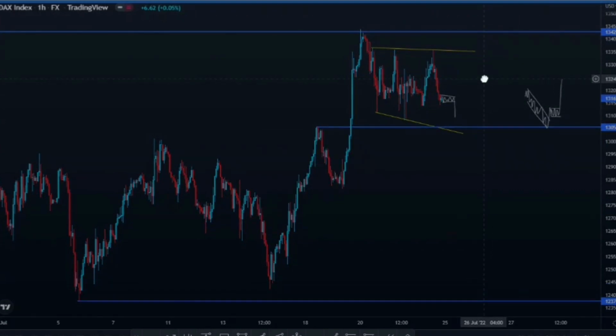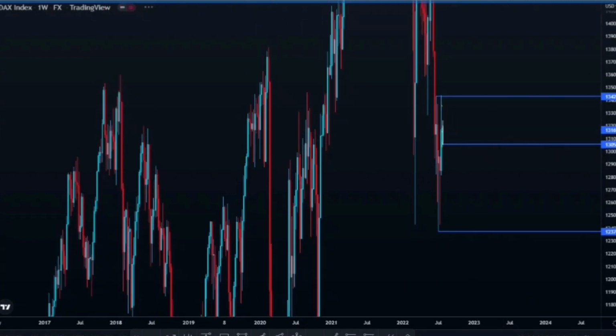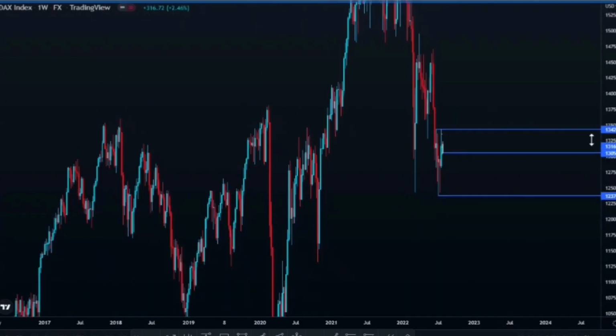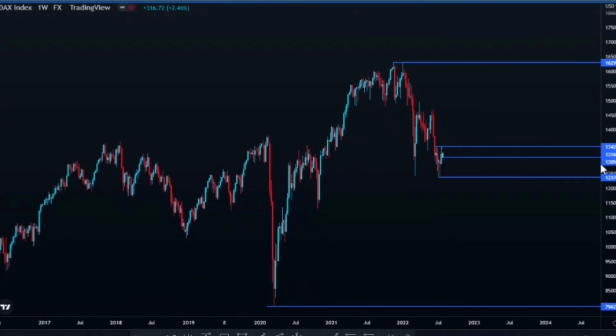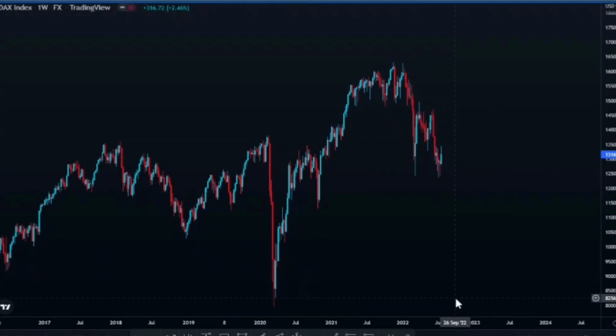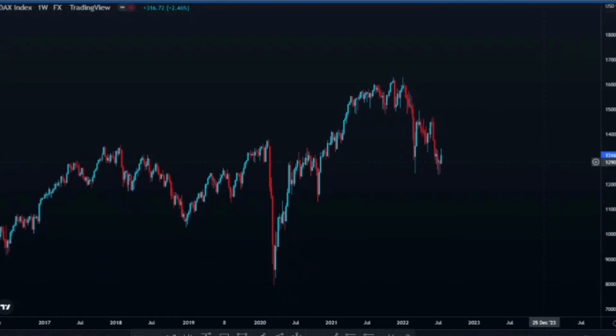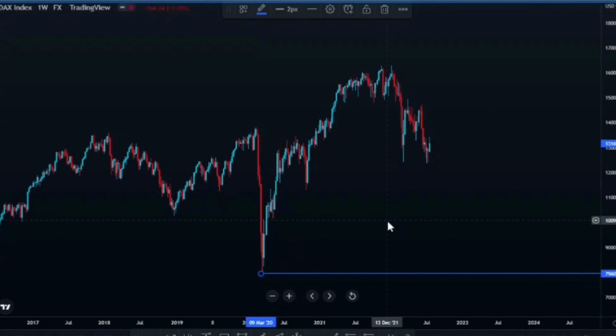and I'm also going to go to the weekly time frame. So on the weekly time frame, guys, I'm going to remove my drawings. I'm going to start first by doing what you guys know I do, creating my lowest low and my highest point.